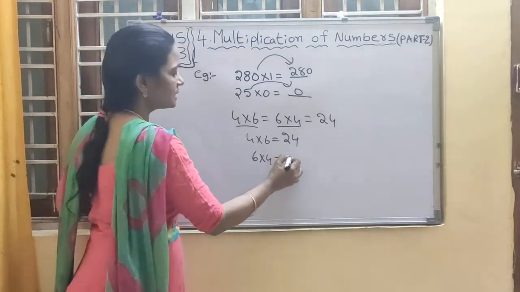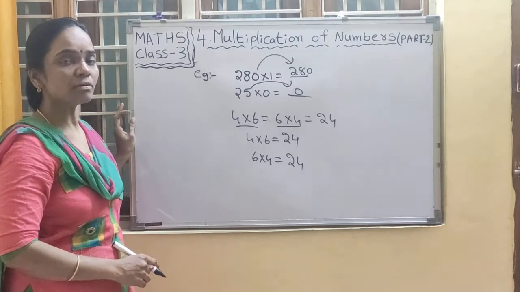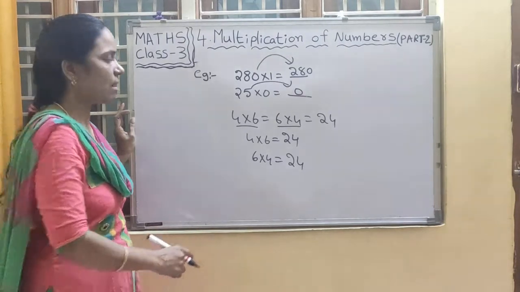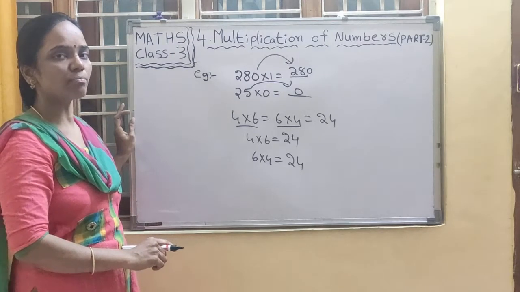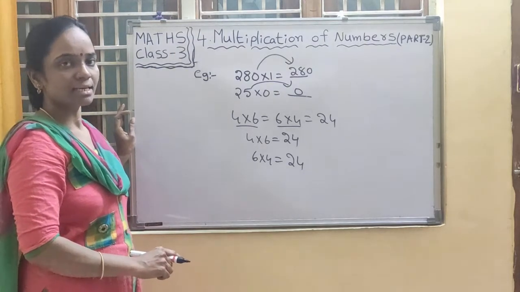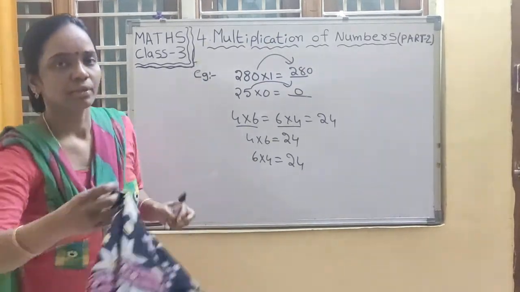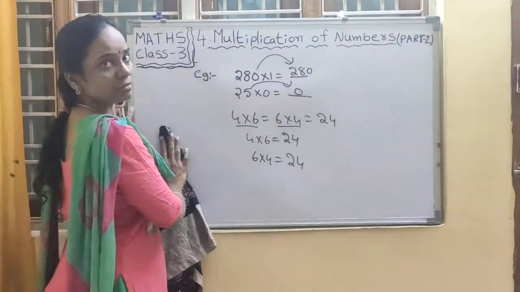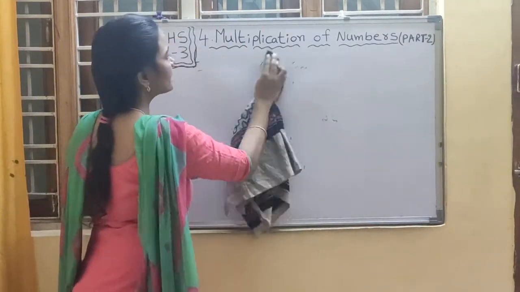Yes, 24. So the order of the numbers is changed, but the answer is the same. This is the third property of multiplication. Note it down. Next, coming to the simple multiplication or standard multiplication.